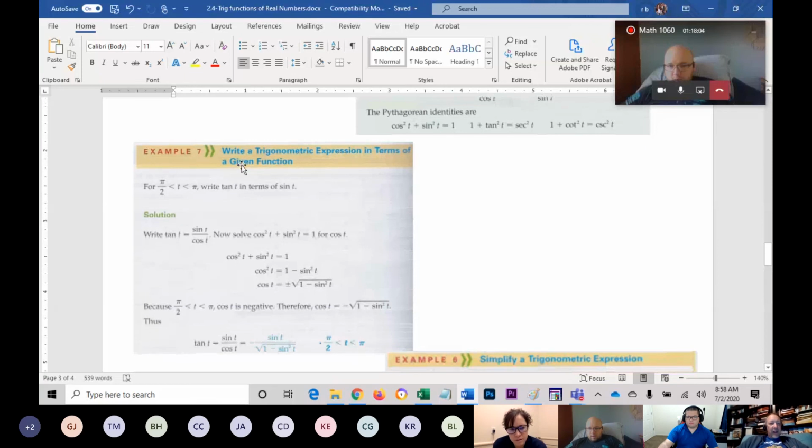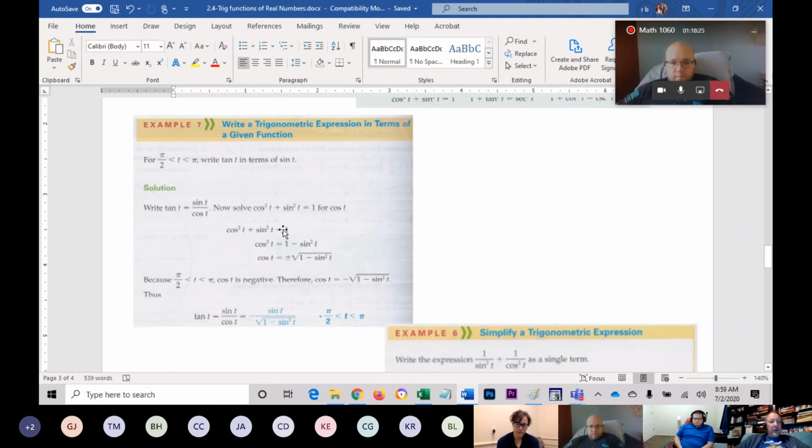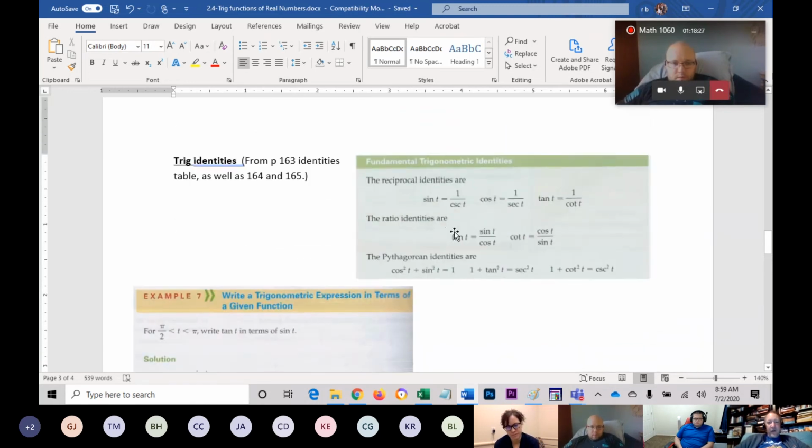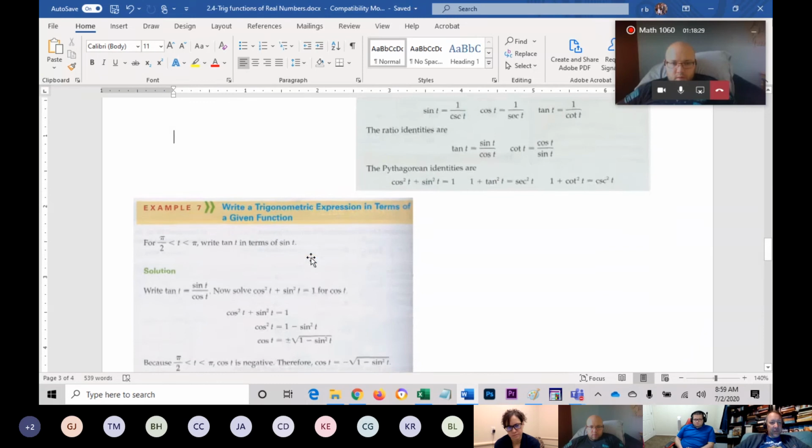This is example 7 out of the book. So if t is in between pi halves and pi, so let's think about that for a minute. That means we're in quadrant 2. Write the tangent in terms of the sine of t, okay? So remember, according to our ratio identities here, the tangent of t equals the sine over the cosine.